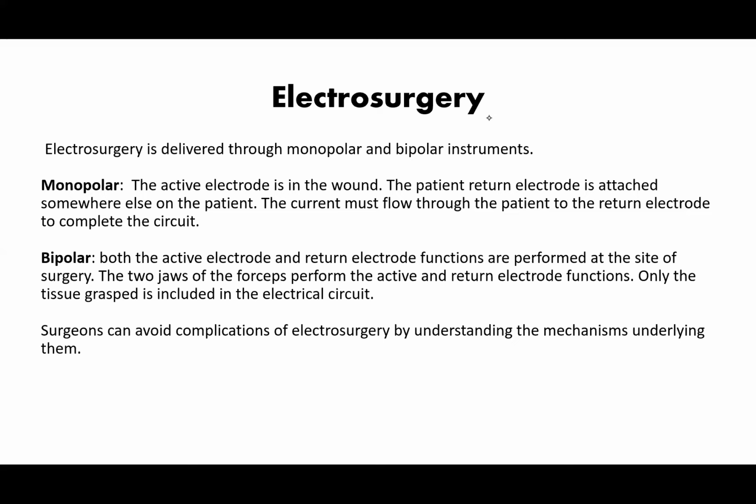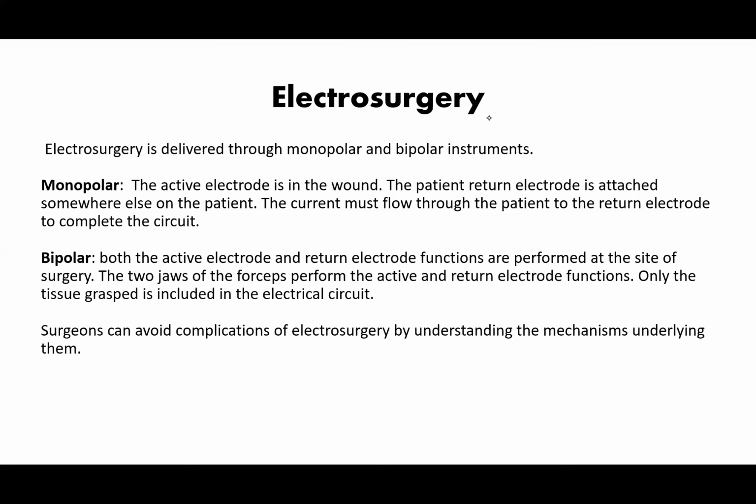Currents must flow through the patient to return to the return electrode to complete a circuit. I'll show you a diagram shortly that demonstrates the arc of that flow of current. Now, in a monopolar setting, you have an active electrode, the patient is the resistance, and you have an indifferent electrode or a return electrode attached to the patient.